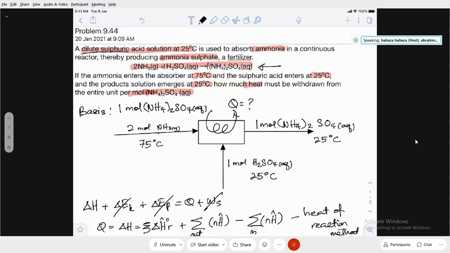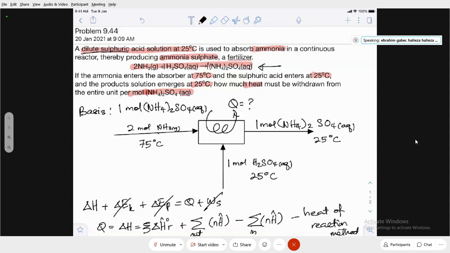Yes. If you divide the amount of NH3 entering the system by its coefficient, it will be 1. So the limiting reactant is not obvious here, but both of them are limiting. So this is why the extent is 1.